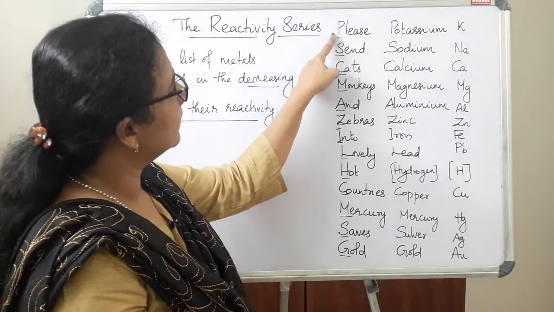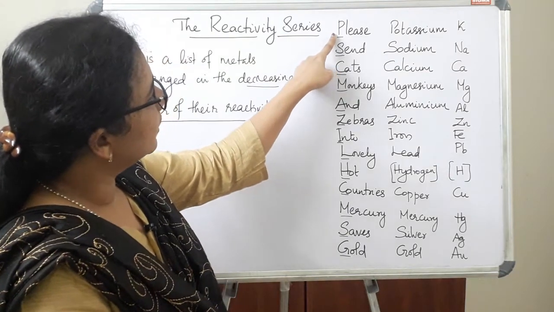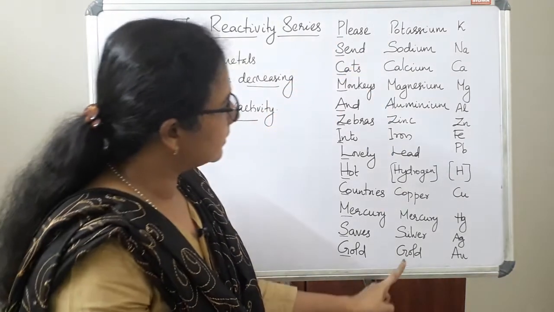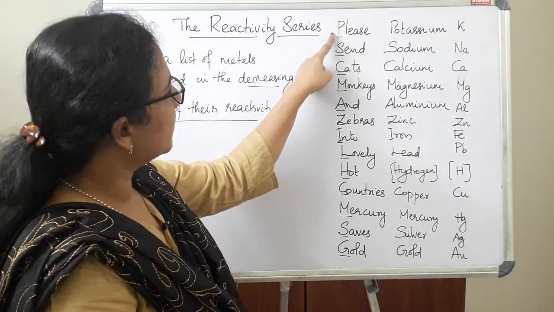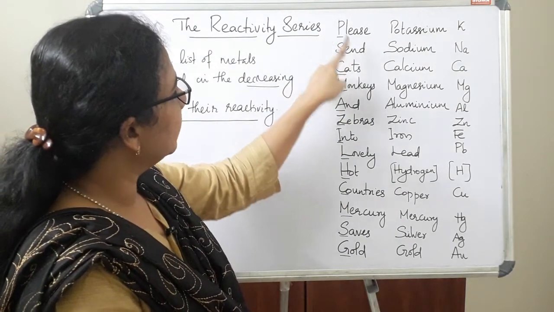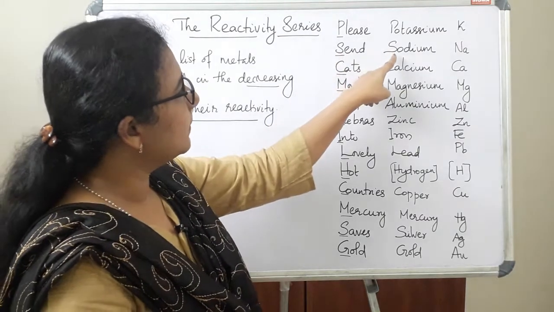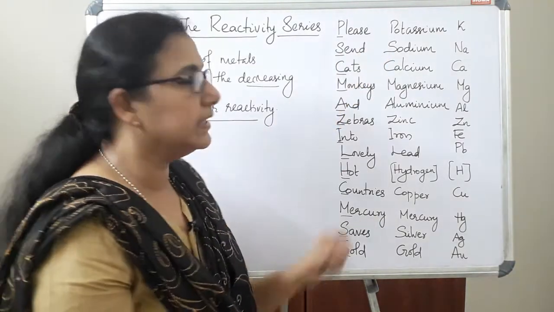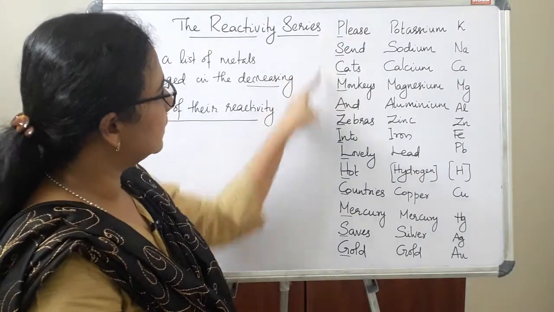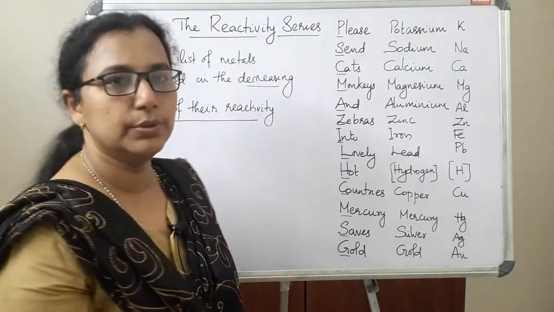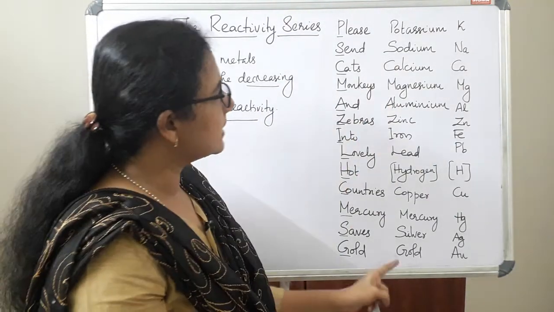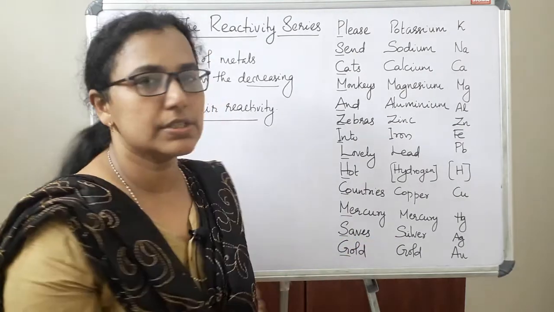The first letter can be used to memorize the metals: from please you take P, then from send you take S. This will be the first letter of all these metals. Using this code you can memorize these metals in the correct order.